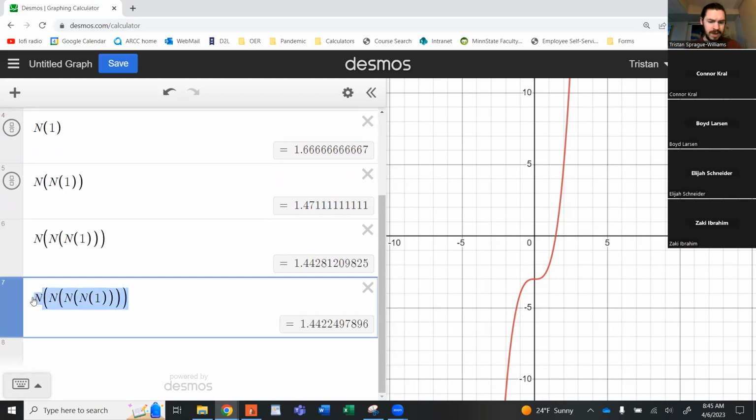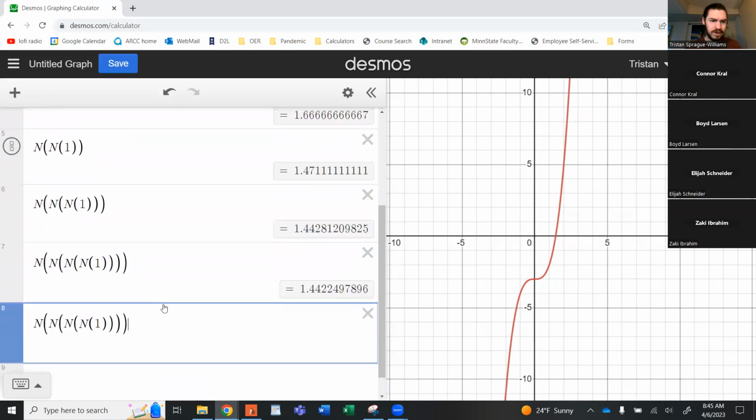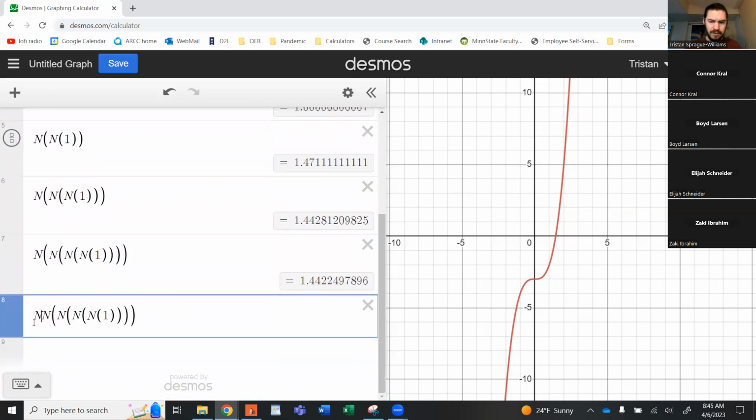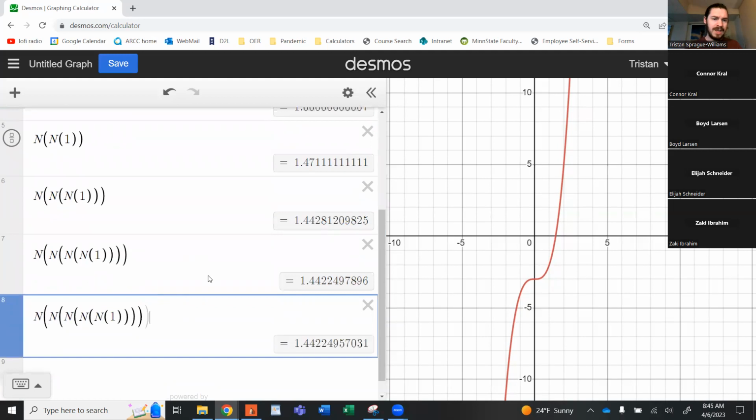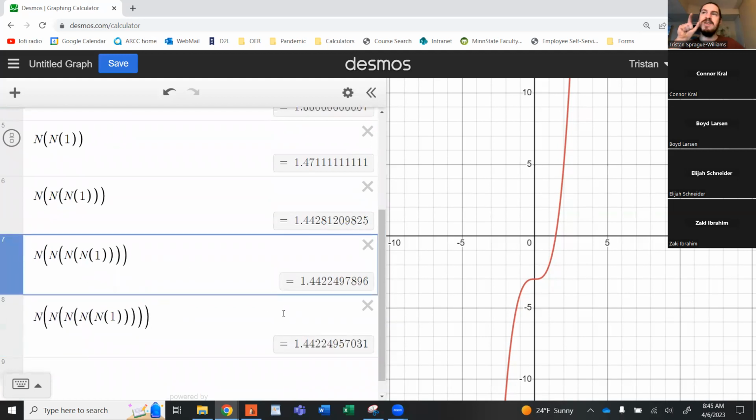And what we're seeing is that these numbers are getting closer together if at each stage you compute the difference between successive guesses. Basically, the difference between successive guesses is an approximation of the error in your guess. So as that difference gets smaller, that gives you a measure of how close you are.